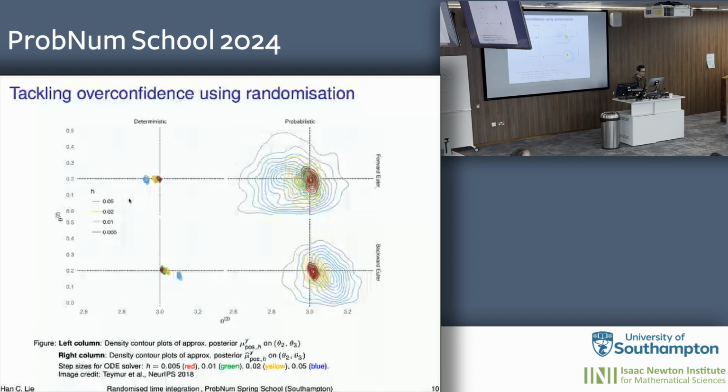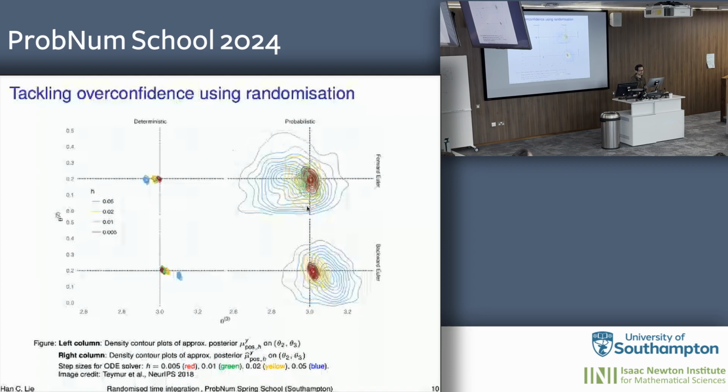At time step 0.05, the blue line, the contours of this density are really concentrated, as you would expect. And they're not exactly at the truth, which is where the dashed lines intersect. As you refine the time step, let it go to 0, these estimates get better and better. But they're still very confident, and they're still wrong.